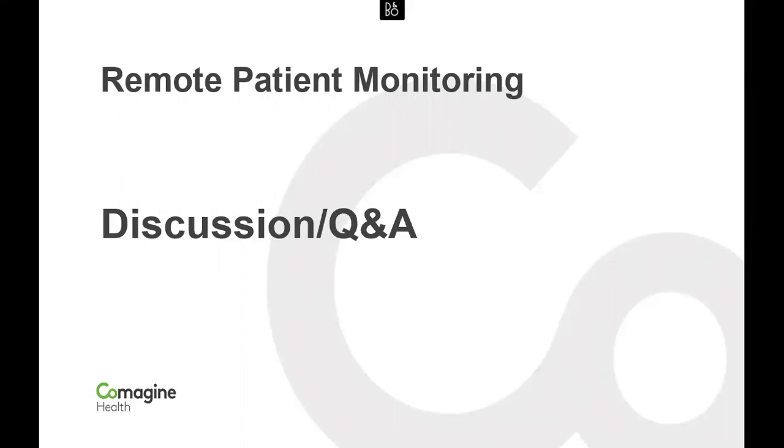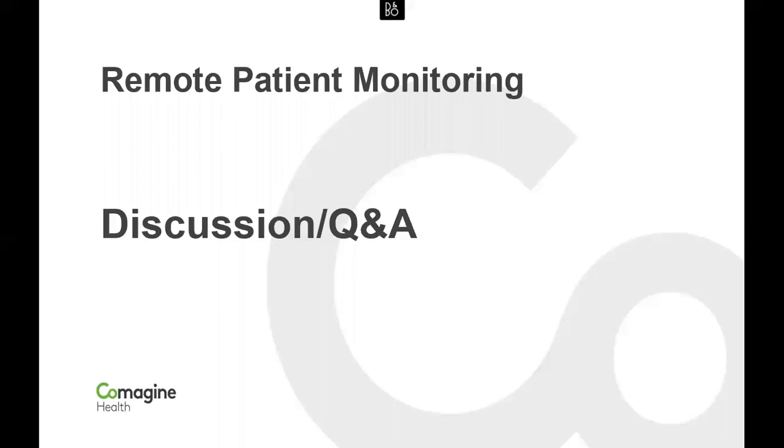We do have a question from Marie Hamilton. It's my understanding from CMS that for 99454 to be billed, the device must be able to transmit the readings electronically, Bluetooth enabled. Is that correct? Laurie, can you take that question? Sure, and I agree.